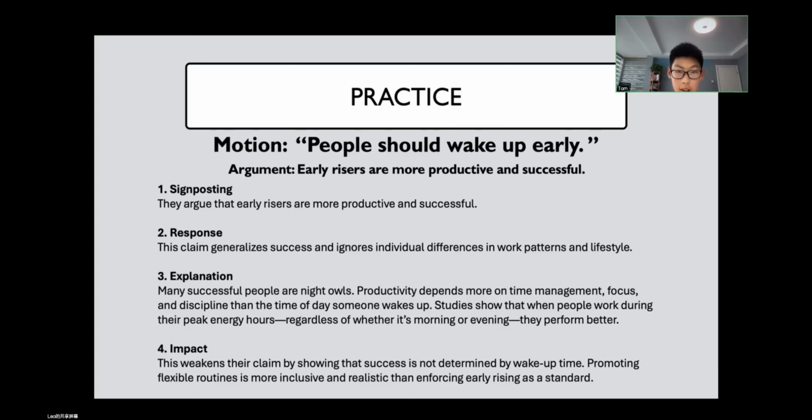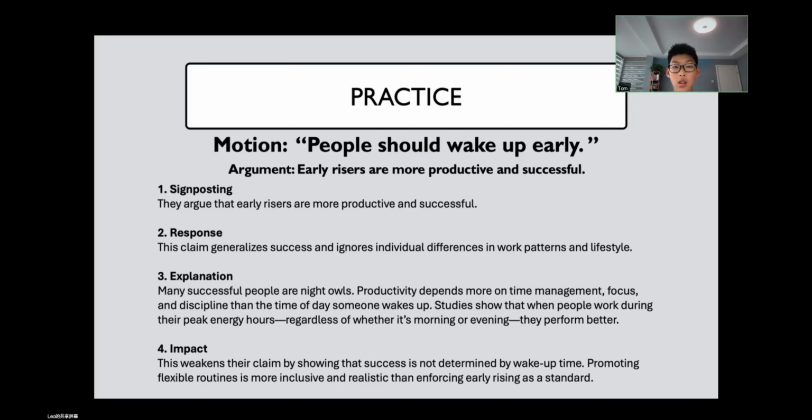So this basically says, why is your argument wrong? Because blah, blah, blah. Then we have the explanation, which is explaining the response, elaborating on it to give examples and reasoning for why the response makes sense. Many successful people are night owls.